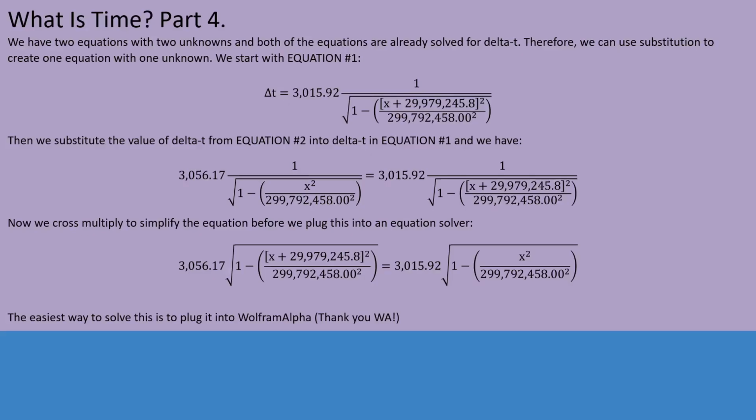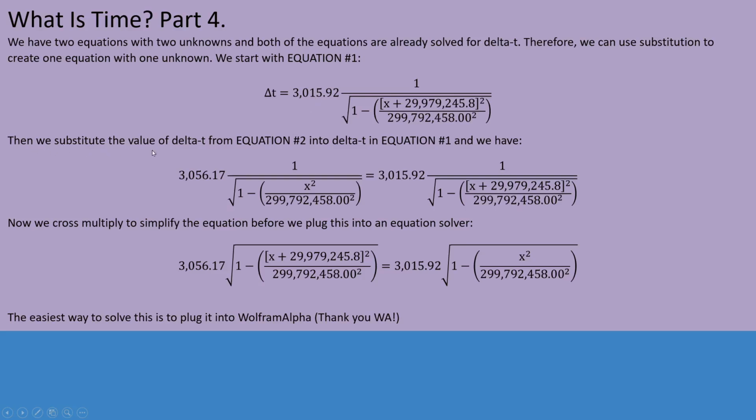We have two equations with two unknowns, and both of the equations are already solved for delta t. Therefore, we can use substitution to create one equation with one unknown. We start with equation number 1, which is the relationship between delta t, the number of clock cycles for clock R, and clock A clock cycles produced during the test times the Lorentz factor.